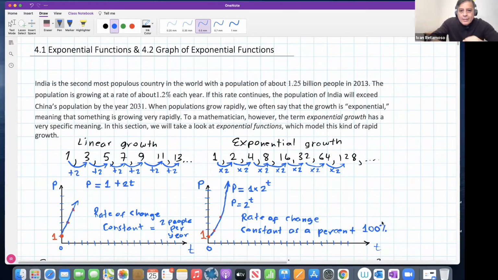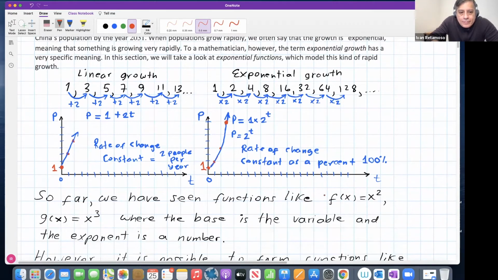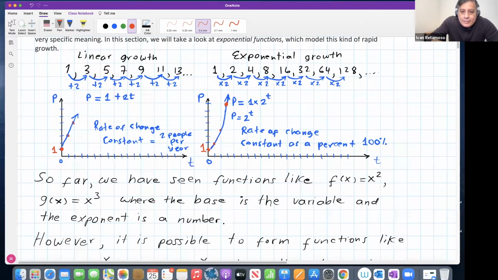All right, guys. So now, when you think of exponential growth, think of something growing very quickly, rapidly. Now, so far, we have seen functions like f of x equal x squared, g of x equal x cubed, and so on, when we study polynomial functions, where the base is a variable and the exponent is some number.